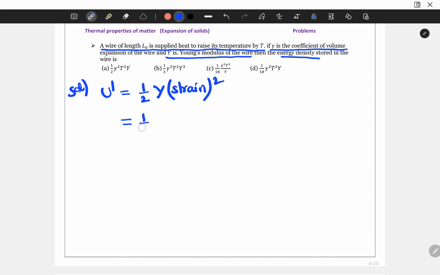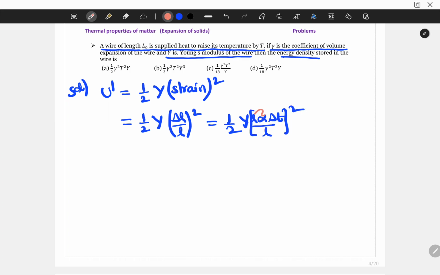So therefore half into Y into strain, which is change in length by initial length, so delta L by L whole square. That equals half into Y into delta L by L, where delta L is equal to alpha into delta T into L, by L. So this is a whole square.